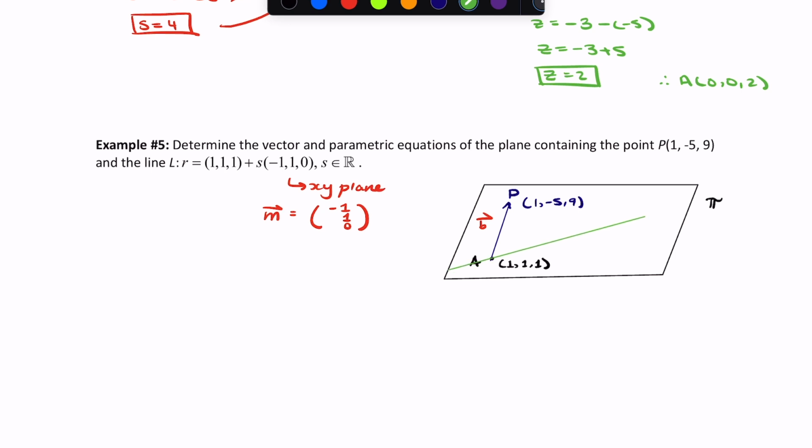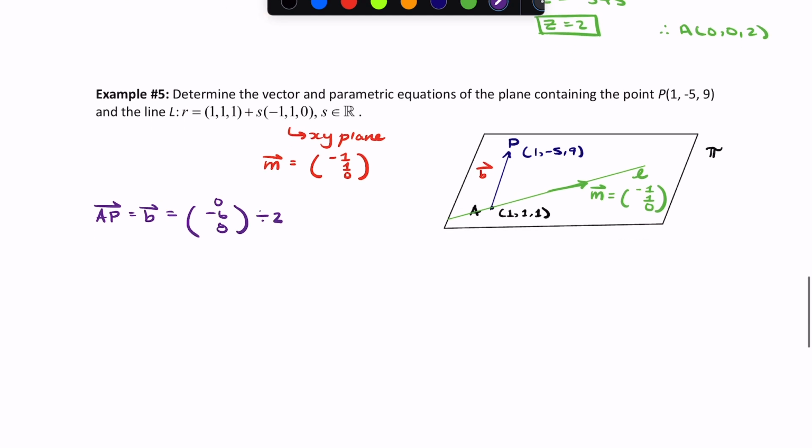We have our line that goes all the way through, represented as L. And again, here our direction vector m, which is negative 1, 1, and 0. And so here we see that vector AP, which is represented by vector B here, is equal to 0, negative 6, and 8. And divide that by 2. That will give us 0, negative 3, and 4.